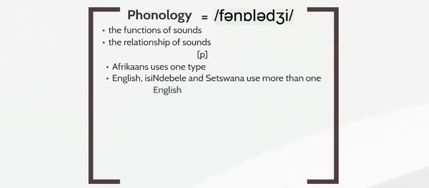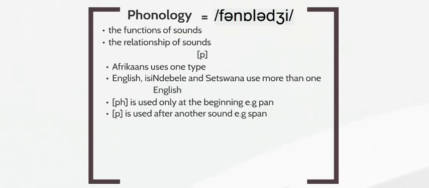In English, for example, this sound can be written as P, and this P sound is only used at the beginning of a word or a syllable, like in the word pen. And we also have P, which is used after another sound, like in span.